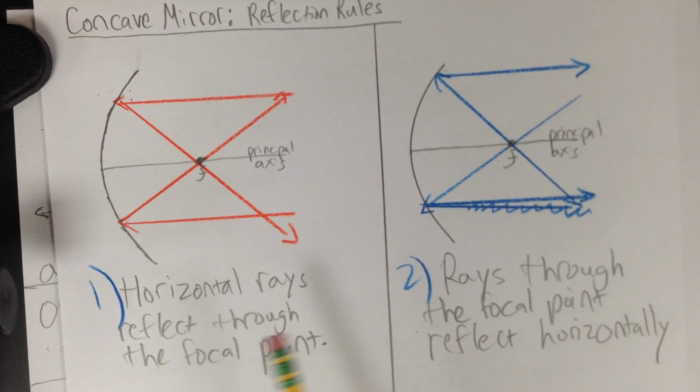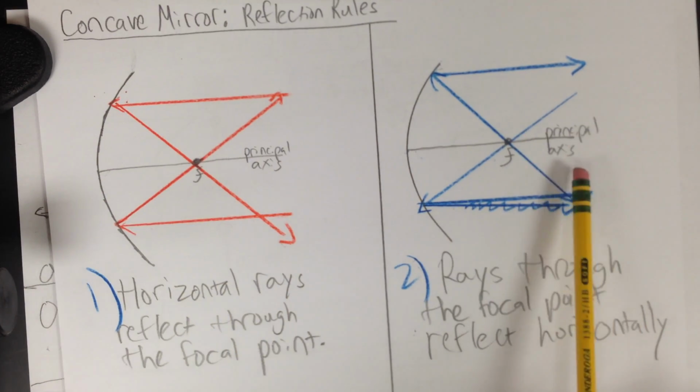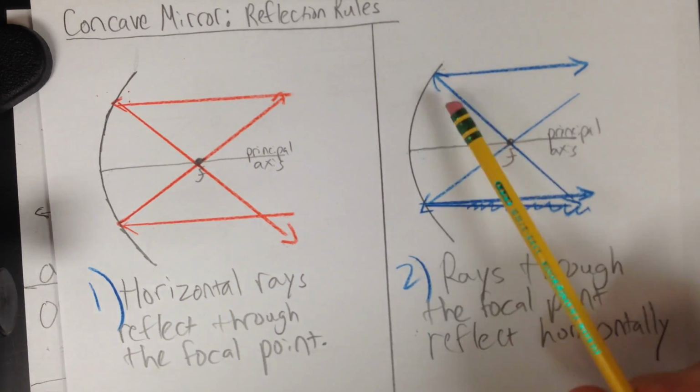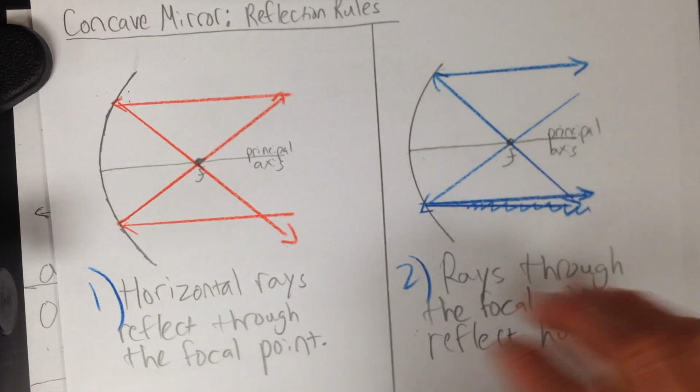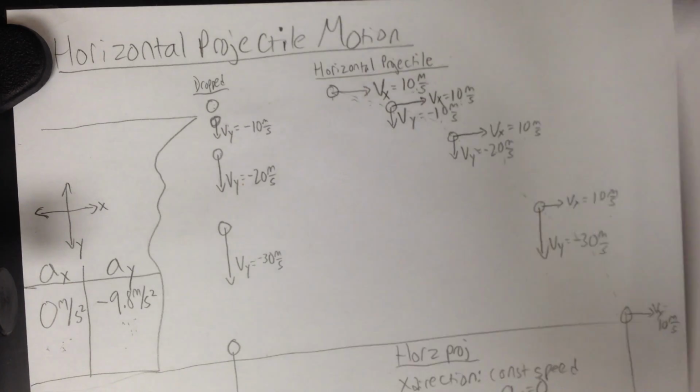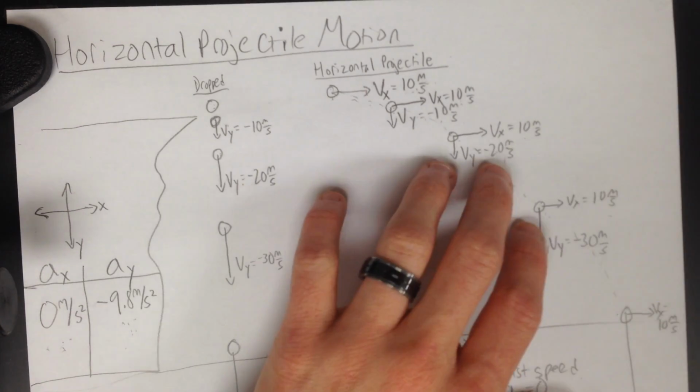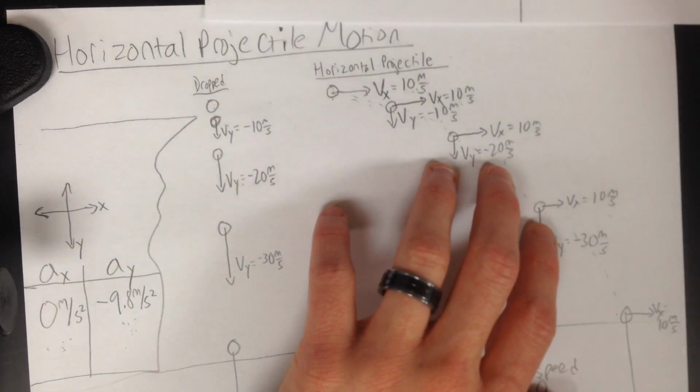So, first rule, horizontal rays reflect through the focal point, and then the opposite of that is rays that go through the focal point reflect horizontally. They're just opposites of each other, each rule. Great. Last page here.